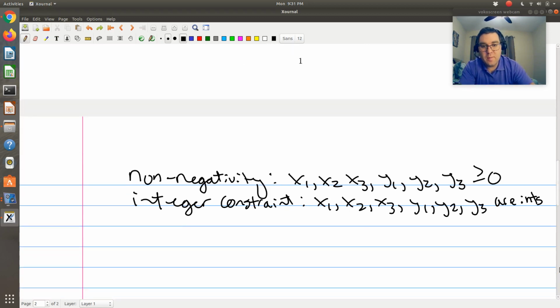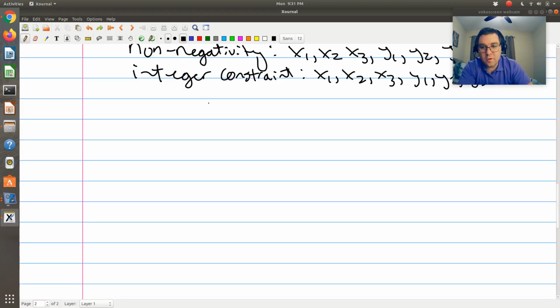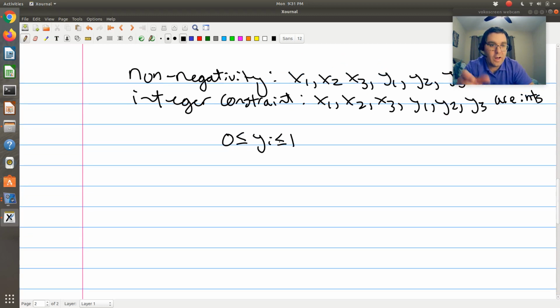In general, I'd have 0 is less than or equal to yi is less than or equal to 1. Since yi is integer, this inequality will only be satisfied if y is equal to 0 or y is equal to 1.